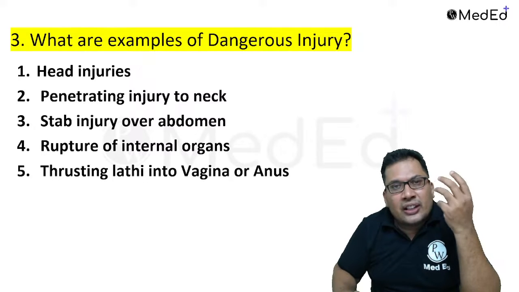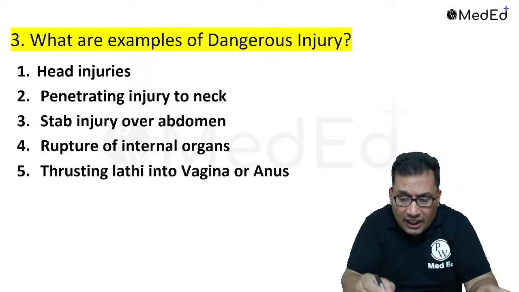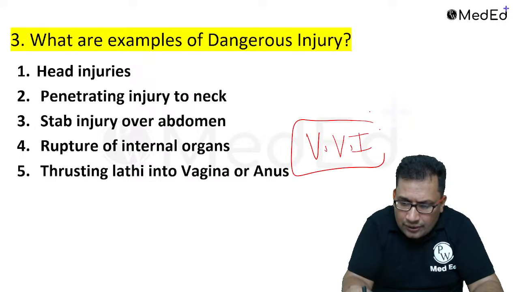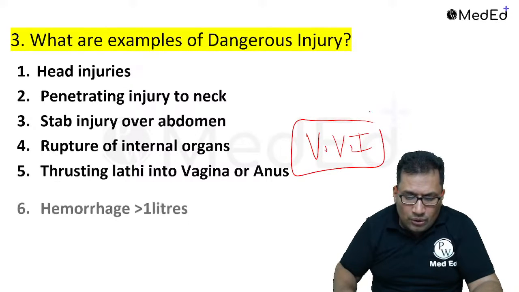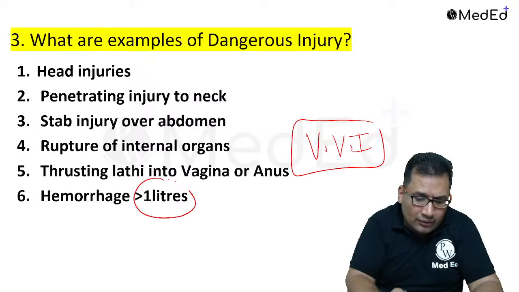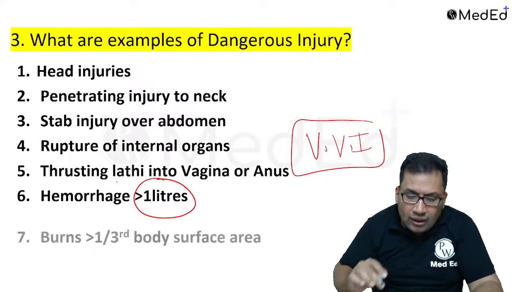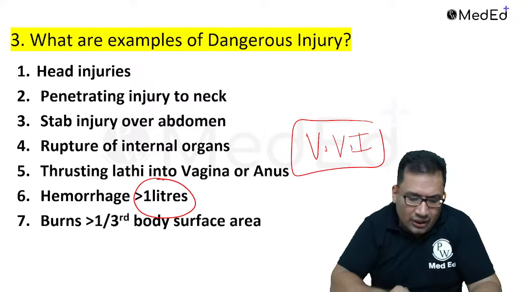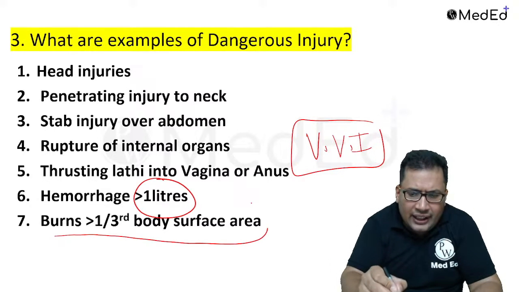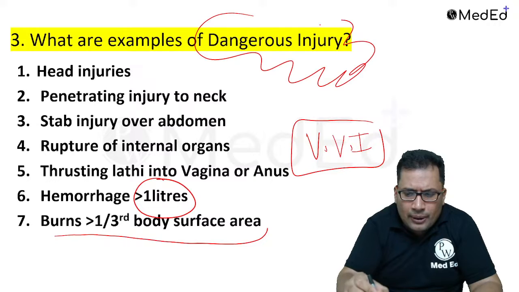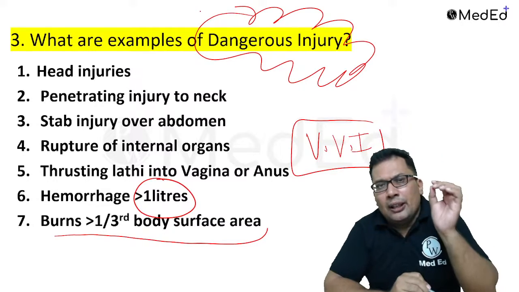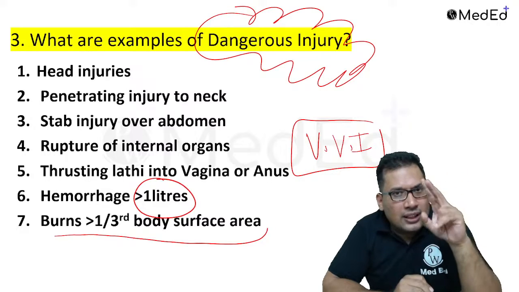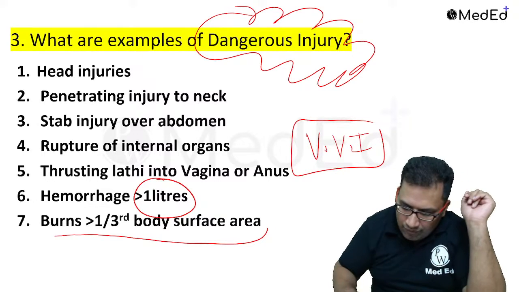Or sometimes thrusting lathi into vagina or anus, which can lead to vasovagal inhibition, can be a dangerous injury. Or hemorrhage more than 1 liter, or bone injury more than 1/3 of body surface. All this can be dangerous injury. Sometimes the question can be asked, what do you mean by dangerous weapon? What do you mean by dangerous injury? This is the Viva question 3.